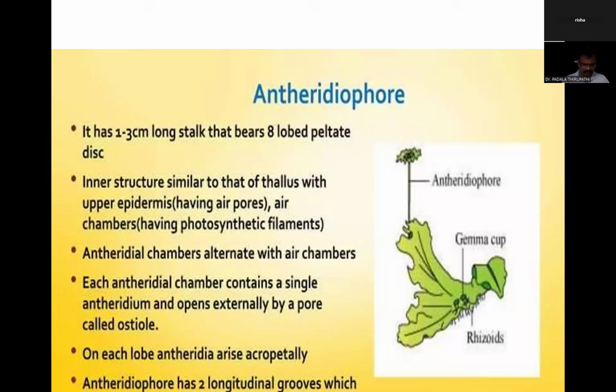Now about the antheridial chamber. Each antheridial chamber contains a single antheridium and opens externally by a pore called the ostiole. Ostiole means the opening. On each lobe, antheridia arise acropetally.